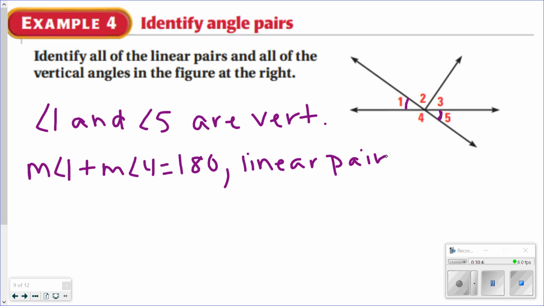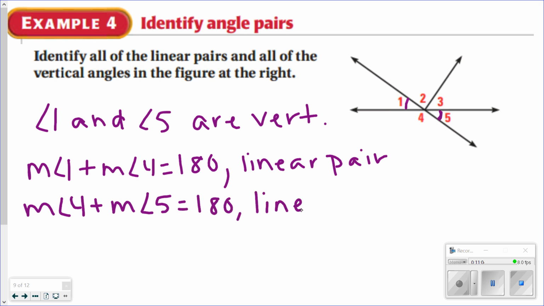Also, the measure of angle 4 and the measure of angle 5 create a line, so 180 degrees, which means they're also a linear pair. So the measure of angle 4 plus the measure of angle 5 is equal to 180 degrees. They are also a linear pair.